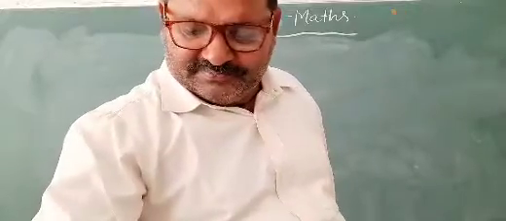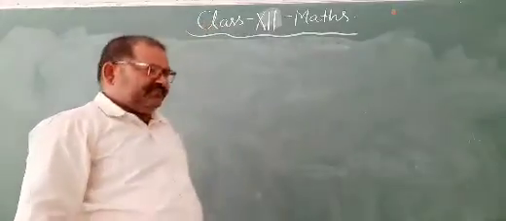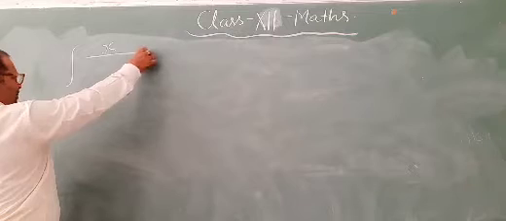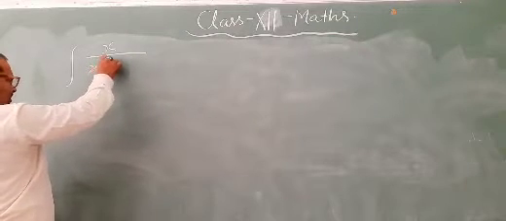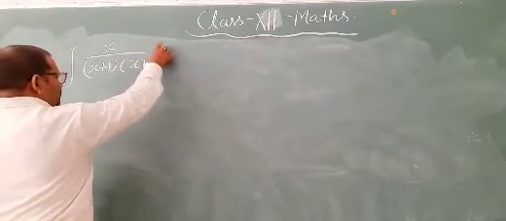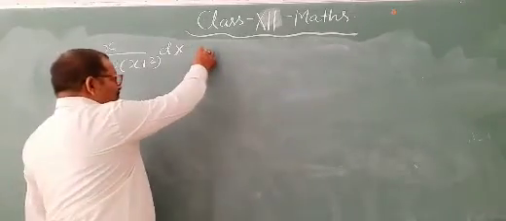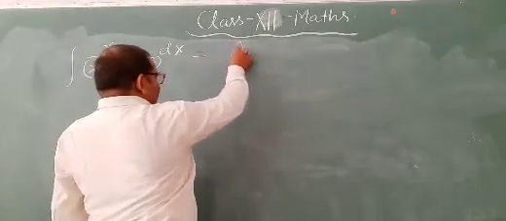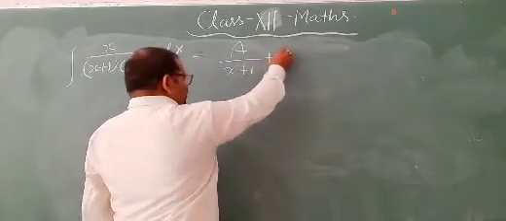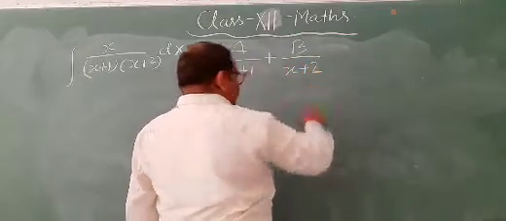Now the question is integral of x upon (x plus 1)(x plus 2) dx equal to a upon x plus 1 plus b upon x plus 2.